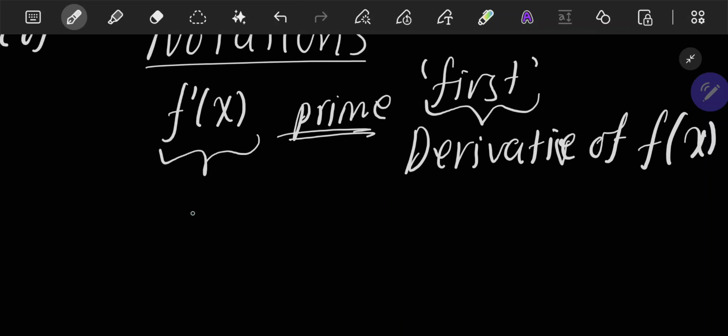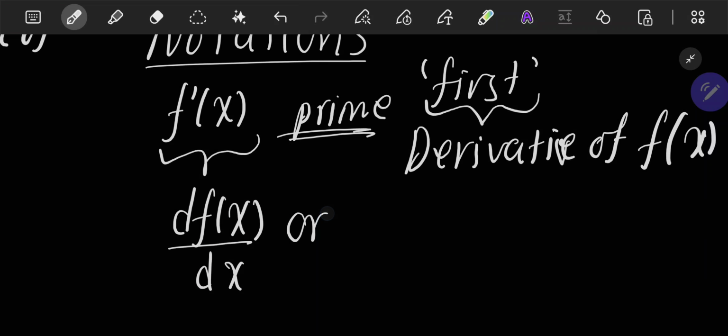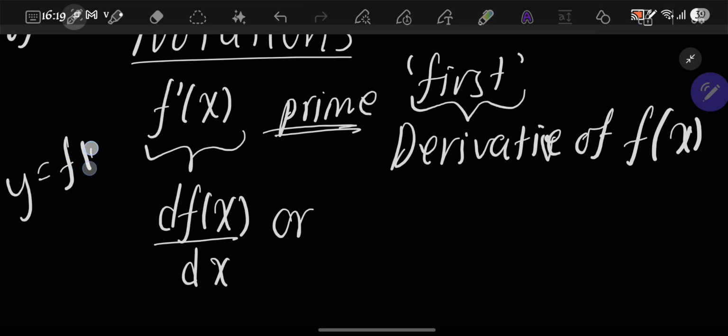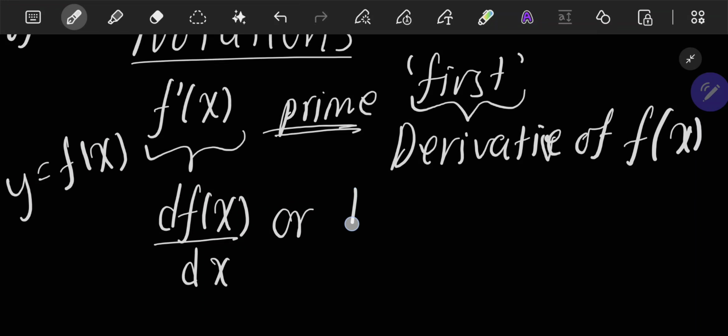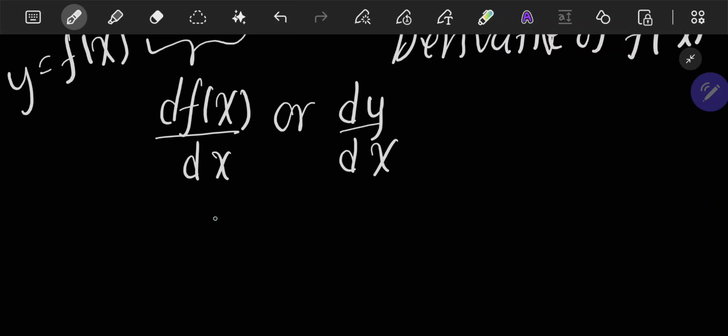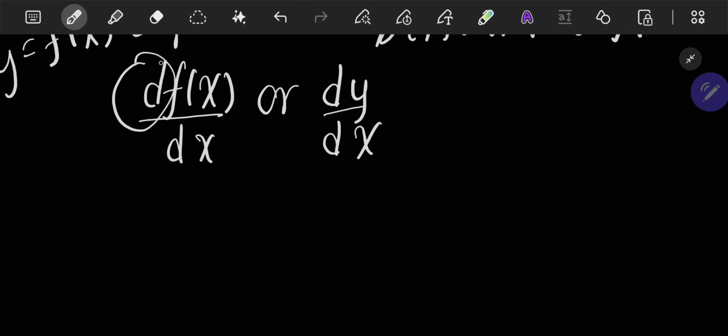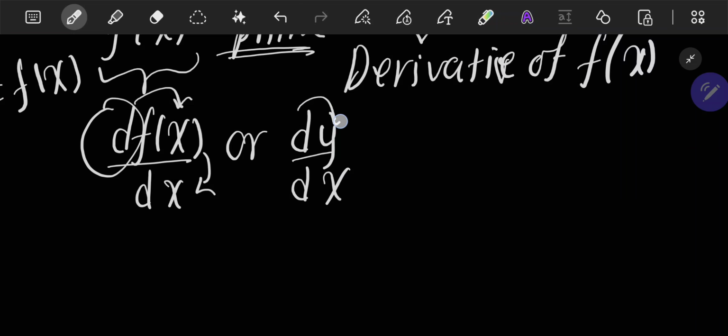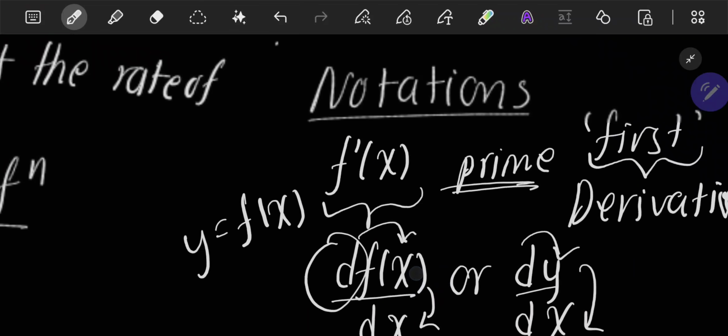Now, after this, there is also another popular notation that is used, which is d of f of x over dx. Or, since y is equal to f of x, we may also write dy over dx. Now, this is read as the derivative of f of x with respect to x, or the derivative of y with respect to x.